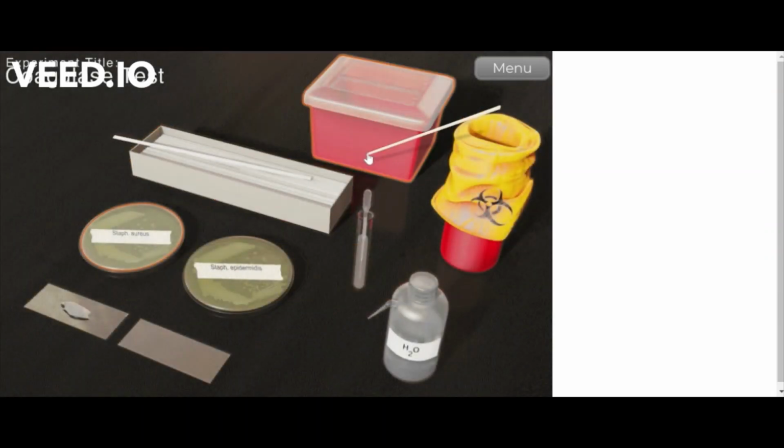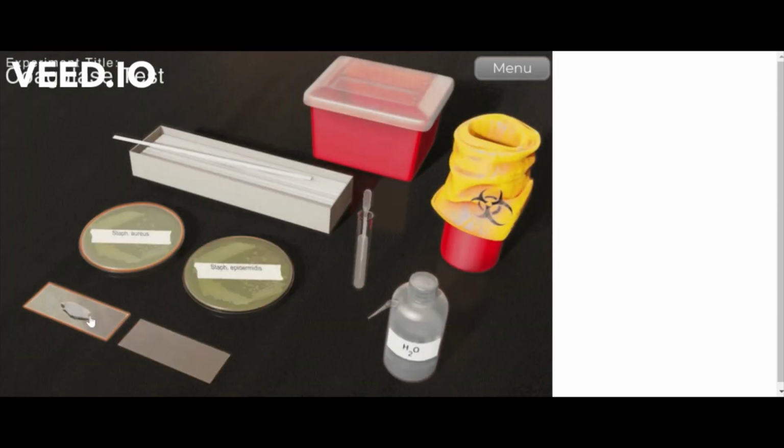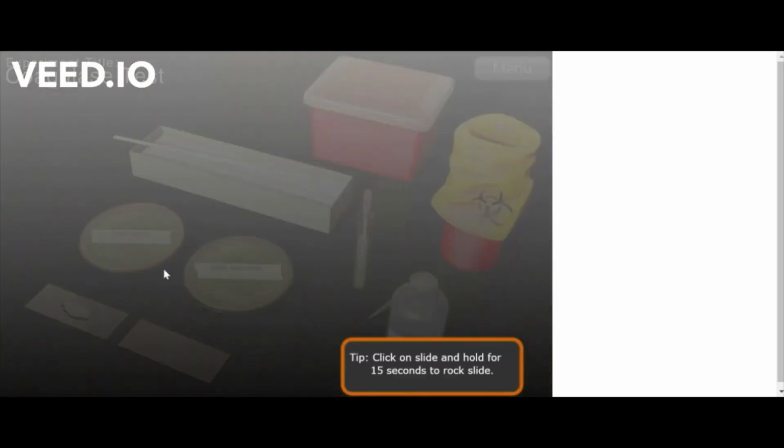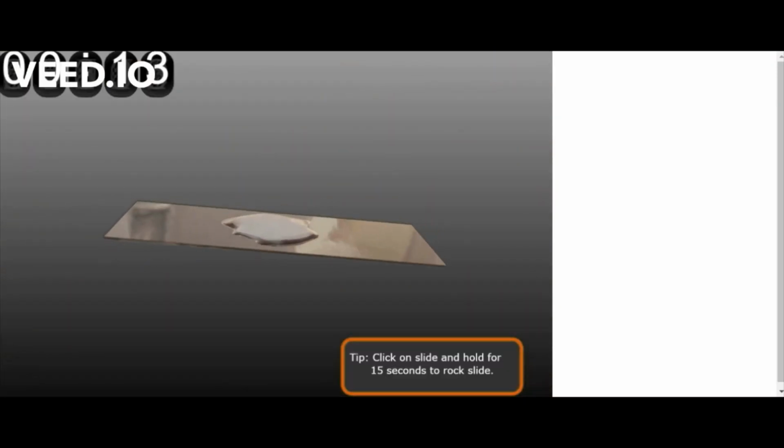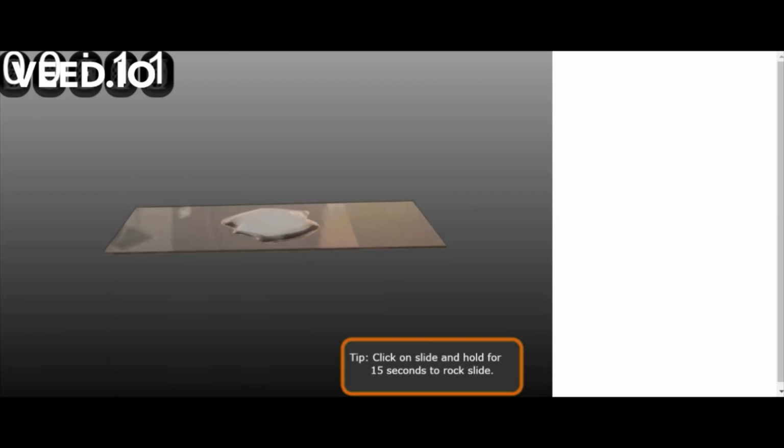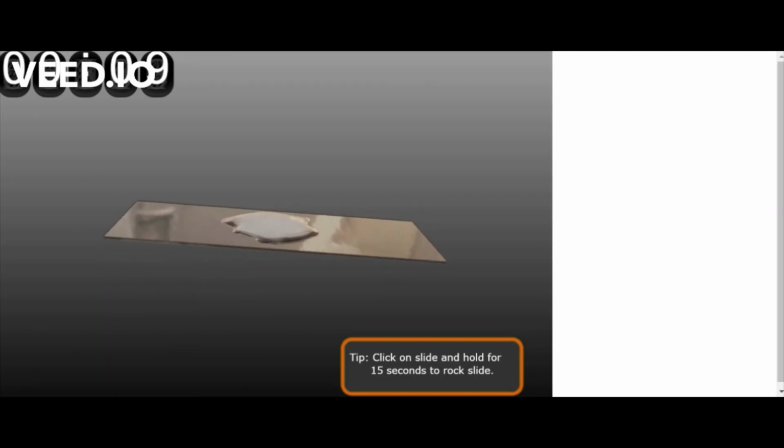After mixing, I will dispose of this toothpick and add 2 drops of the rabbit plasma. 1, 2. So next, I will rock the slide and observe if there is any clumping forming on the slide.